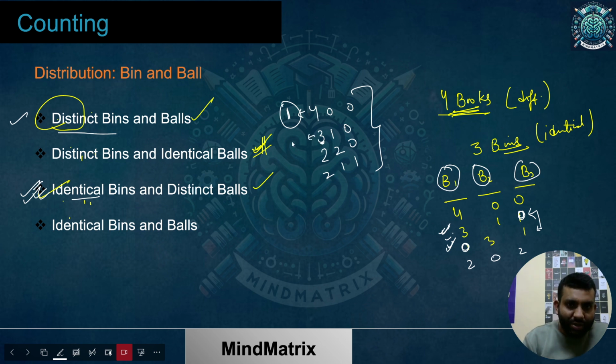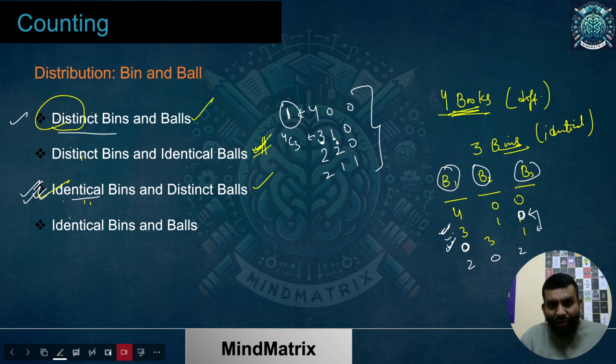For this I'll have 4C3 ways, and 1 book is left, which can go to any one of the boxes, so there is no point in thinking about which box I put it in. Why 4C3? Because I need to pick any 3 books out of 4, or decide which one not to take. So it's 4C3 or 4C1, the same thing.